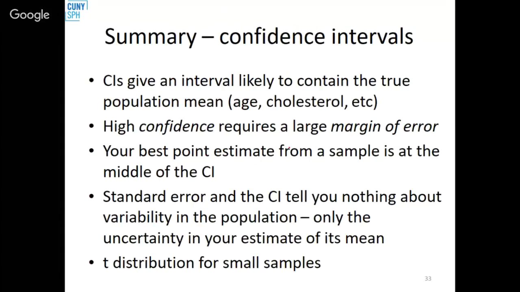Your best point estimate from a sample is at the middle of the confidence interval, as long as we have a symmetric distribution. The standard error and the confidence interval don't tell you anything about the variability of the population. They're all about your uncertainty in your estimate of the population mean. And when we're doing this from a small sample, we use the t-distribution for normal populations.